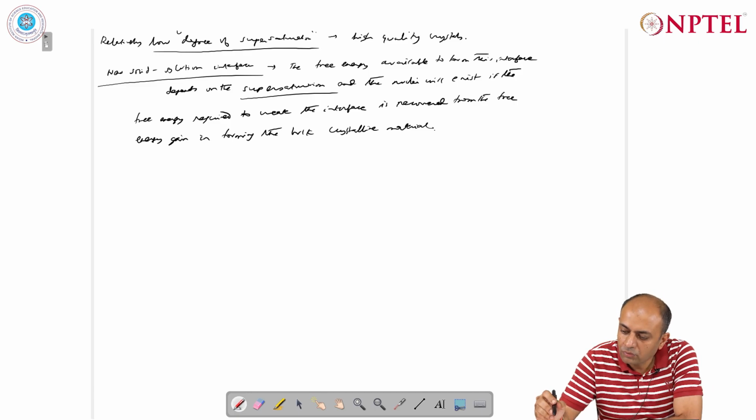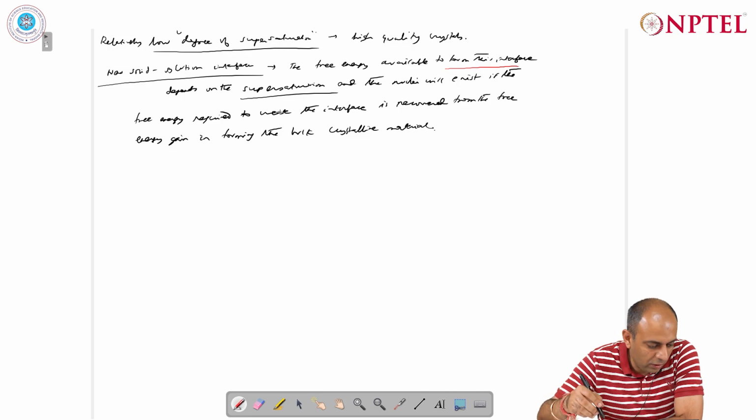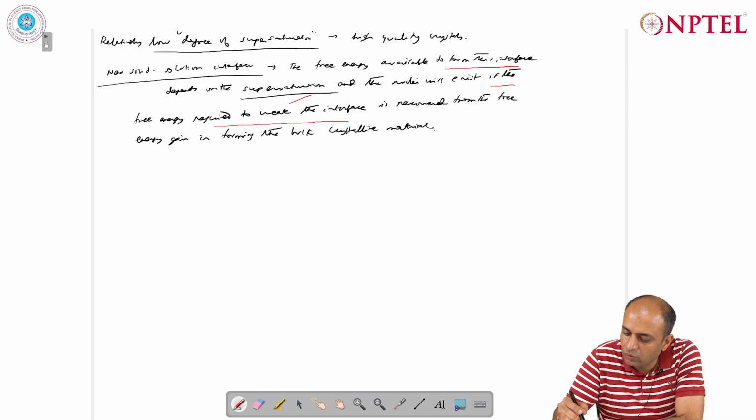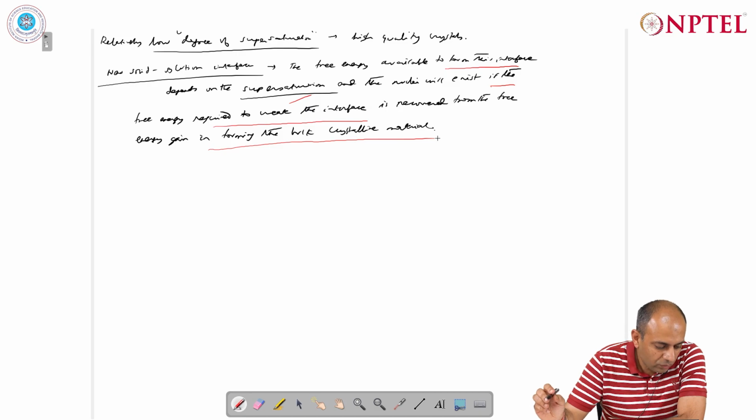So, the free energy which is available to form this interface, that is the solid solution interface, depends on the supersaturation, and the nuclei will exist if the free energy required to create the interface is recovered from the free energy gain in forming the bulk crystalline material.